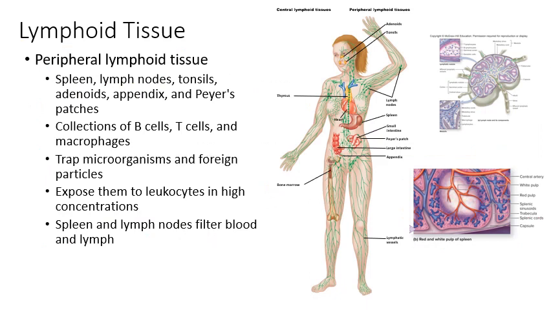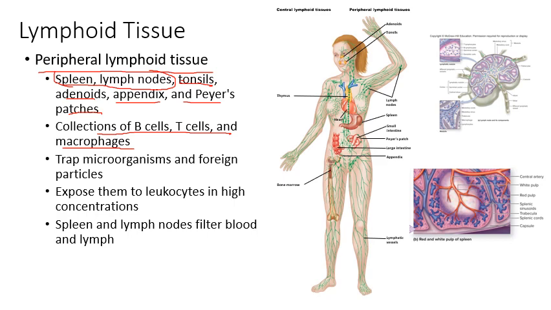So peripheral lymphoid tissue, okay: the spleen and lymph nodes are the major players here. Okay, we also have tonsils, adenoids, the appendix, and Peyer's patches. These are all lymphatic tissues, and usually they are areas in which there is a collection of leukocytes.